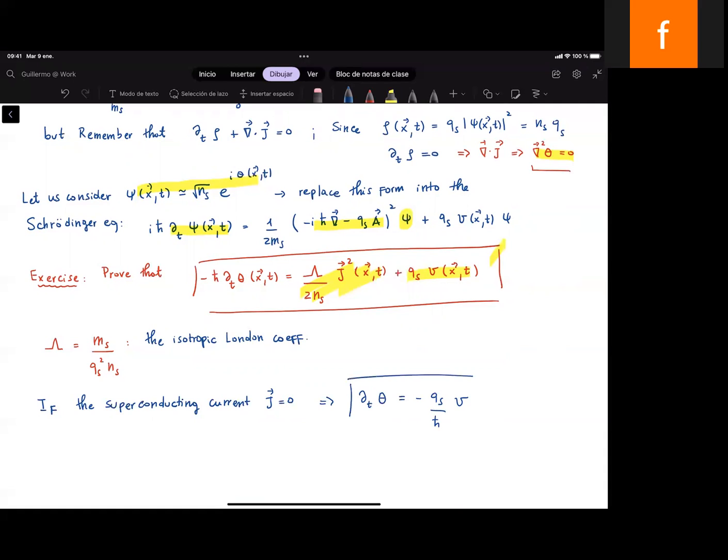We have this relation, and it is called a phase voltage relation. Well, not really for voltage, but the partial derivative with respect to time of the phase is related to the scalar potential.